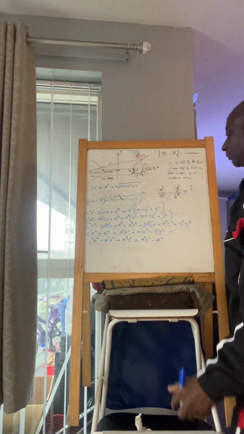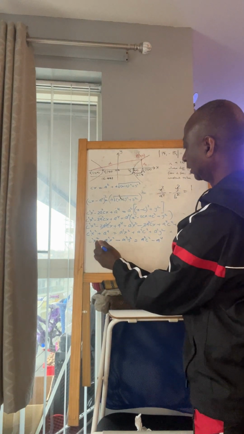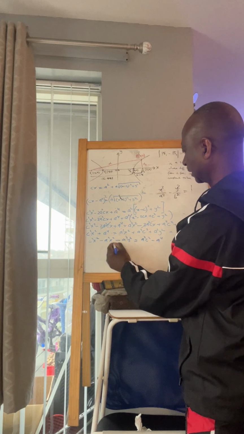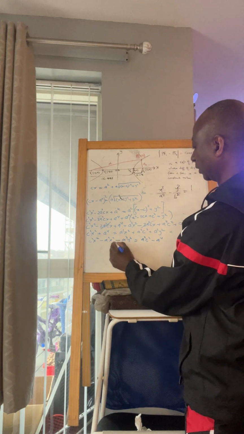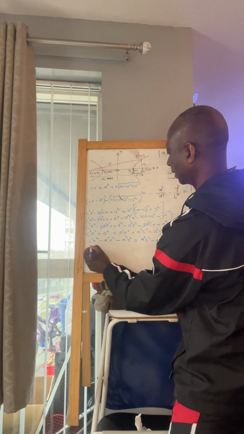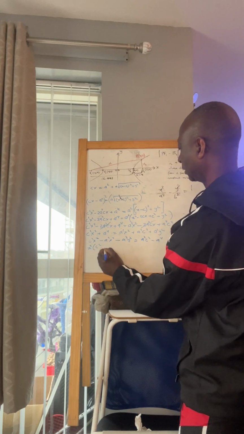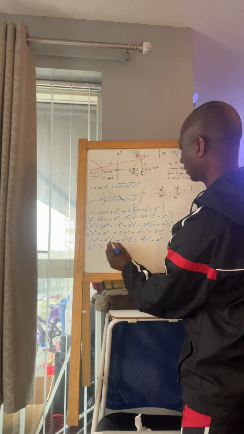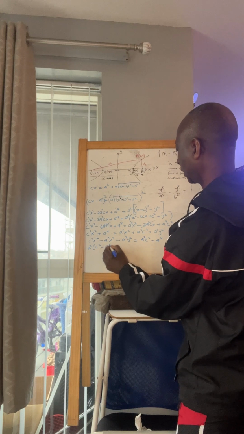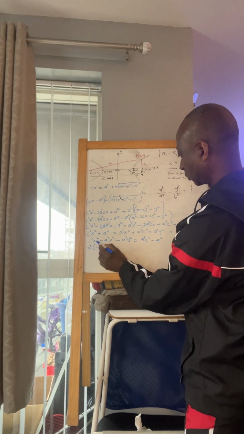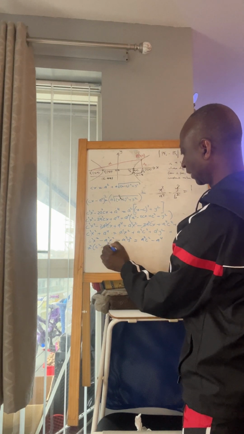So what do we have? Here, you can see that x squared is common. So you have x squared into c squared minus a squared, because x squared is common. So I'm factorizing here.